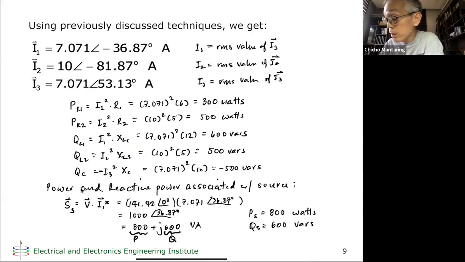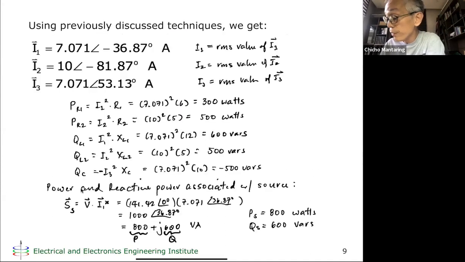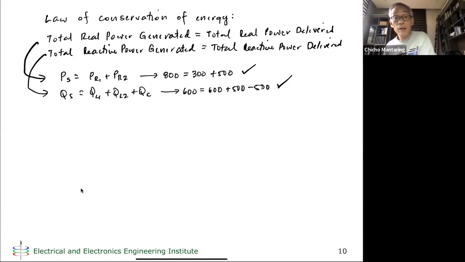So that would be the sum of these three. If you sum these three, that's equal to 600. So this 600 is equal to 600 plus 500 minus 500. So it's correct. That's the law of conservation of energy.